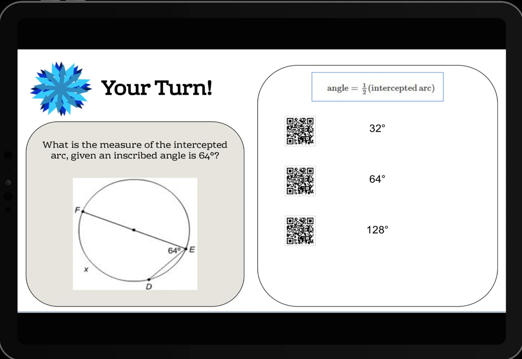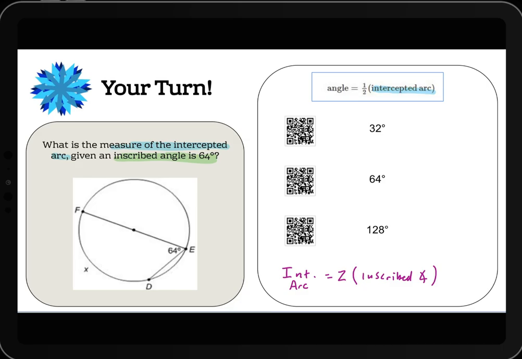Now you could pause the video and see if you can arrive at the result you're supposed to get. In this problem, they are asking for the measure of the intercepted arc, and they gave us the inscribed angle. Remember, the intercepted arc is equal to 2 times the inscribed angle.